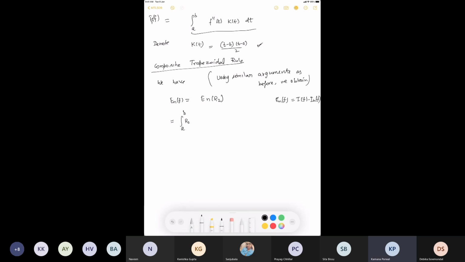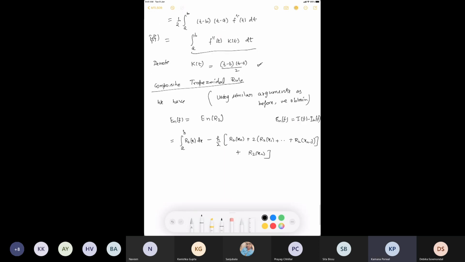So this is again going to be the same term. But then here I will have In of F, In of R2. So In of R2 is R2 evaluated at x0 plus 2 times R2 evaluated at x1, up to R2 evaluated at xn minus 1, plus the last term is going to be R2 evaluated at xn.